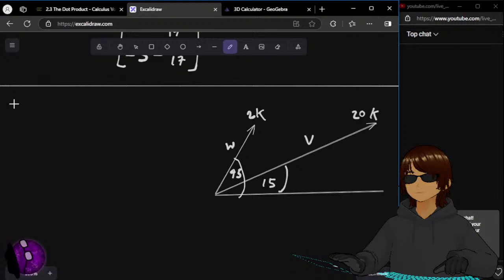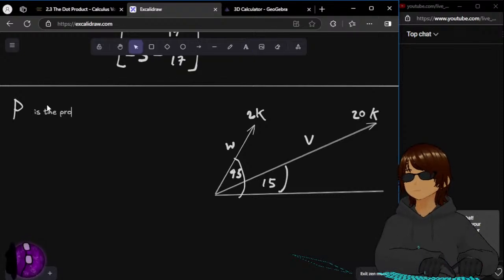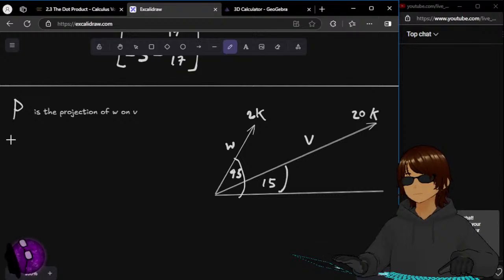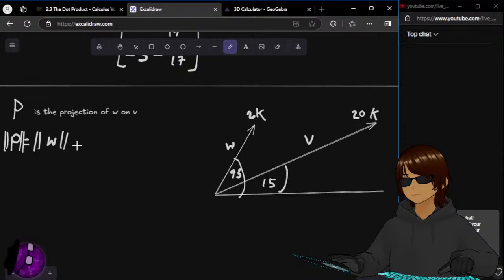So P is the projection of W on V. So the magnitude of P is the magnitude of W cos theta.